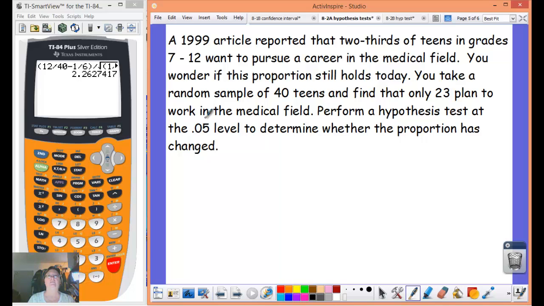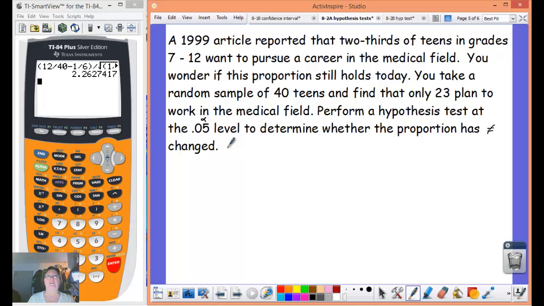Our alpha, our level of significance, is going to be .05 to determine whether the proportion has changed. We're not saying whether it's less or whether it's more, just whether it has changed. So folks, our alternative hypothesis is going to be a not equals to, and we're going to be doing a two-tailed hypothesis test.